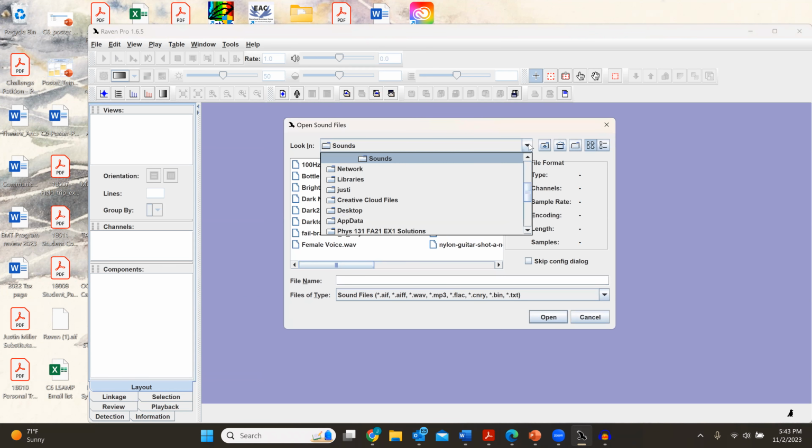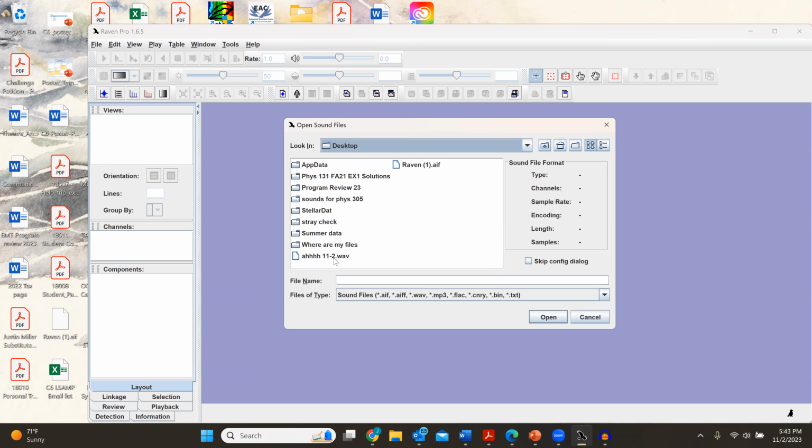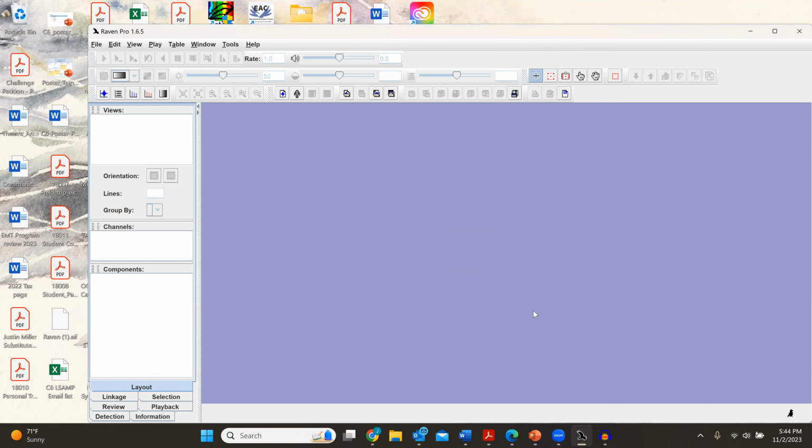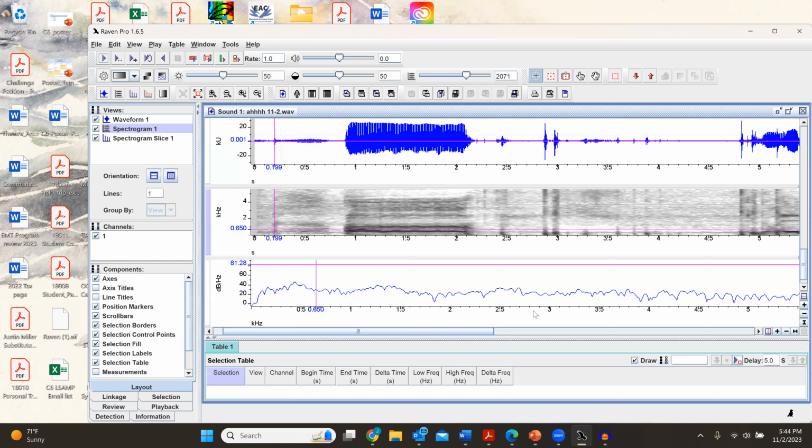And then we can go over to our desktop itself, because that's where the file is. And there it is right there. Look at that. 11/2. So I'll go ahead, select that, and press open. Want to change it to physics of music default setting, press OK. And voila.